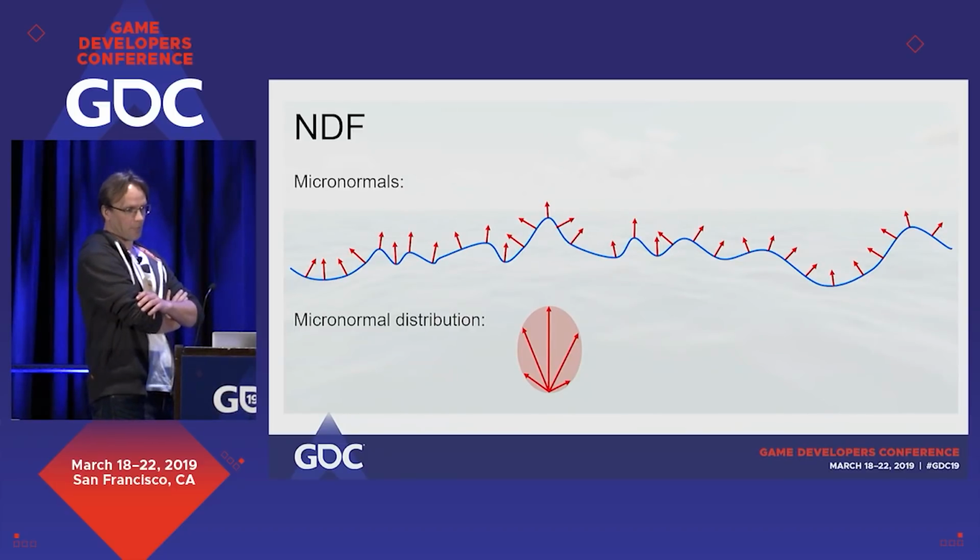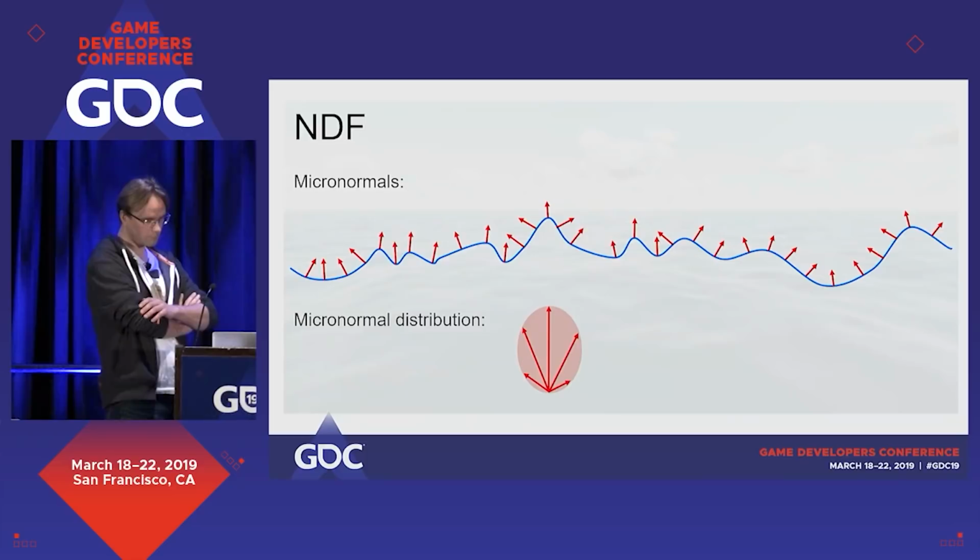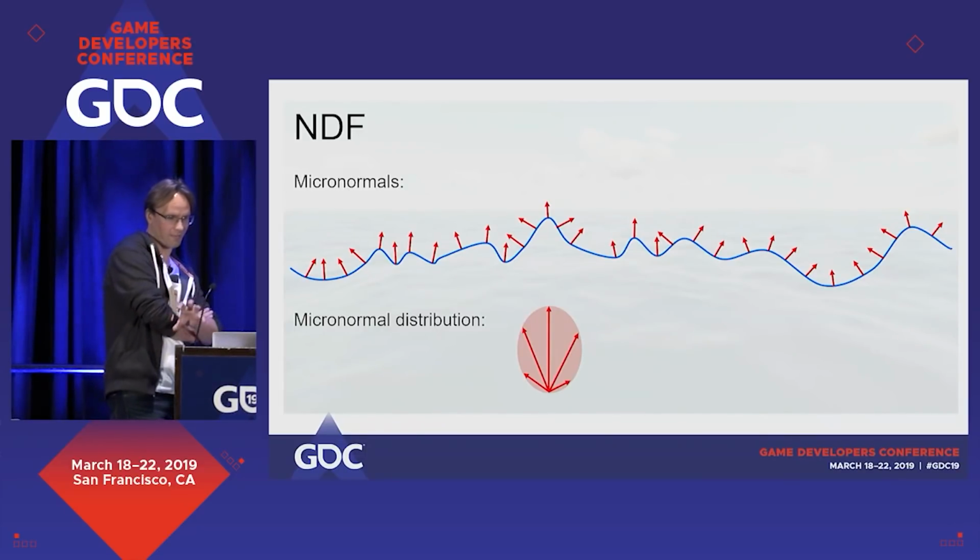So our microfacet surface is defined by NDF, the normal distribution function. It's the function that shows how our normals are distributed within the pixel. And this little egg-shaped thing on the bottom is the distribution of the normals.